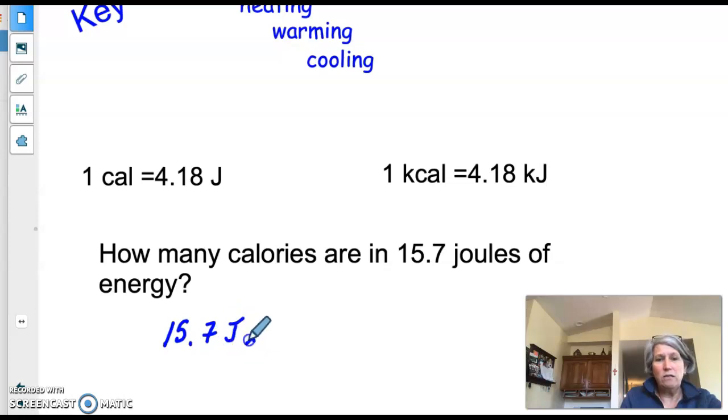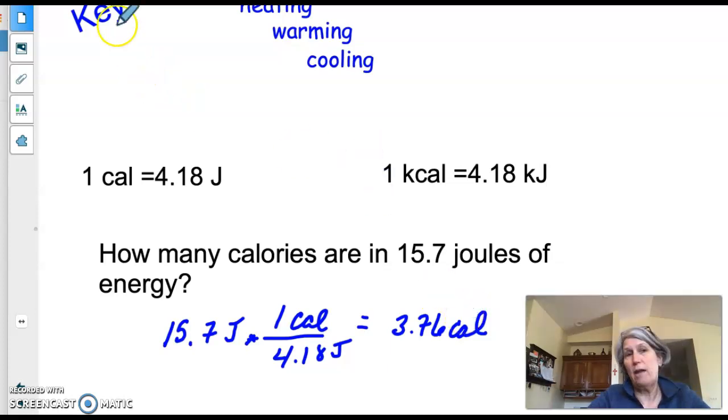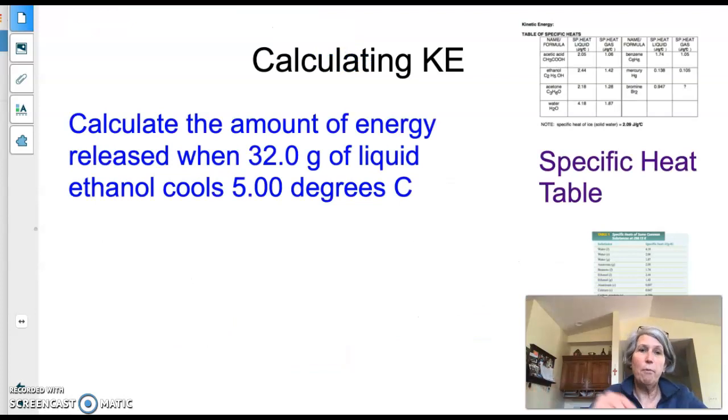And then I can do my little ratio here, my equivalence, and that means I have to have joules on the bottom, so I'm going to put 4.18 joules on the bottom, and I'm going to put 1 calorie on top, and you'll notice that you get something like 3.76 calories. So that's how you can just use dimensional analysis to convert from joules to calories, or calories to joules, or whatever.